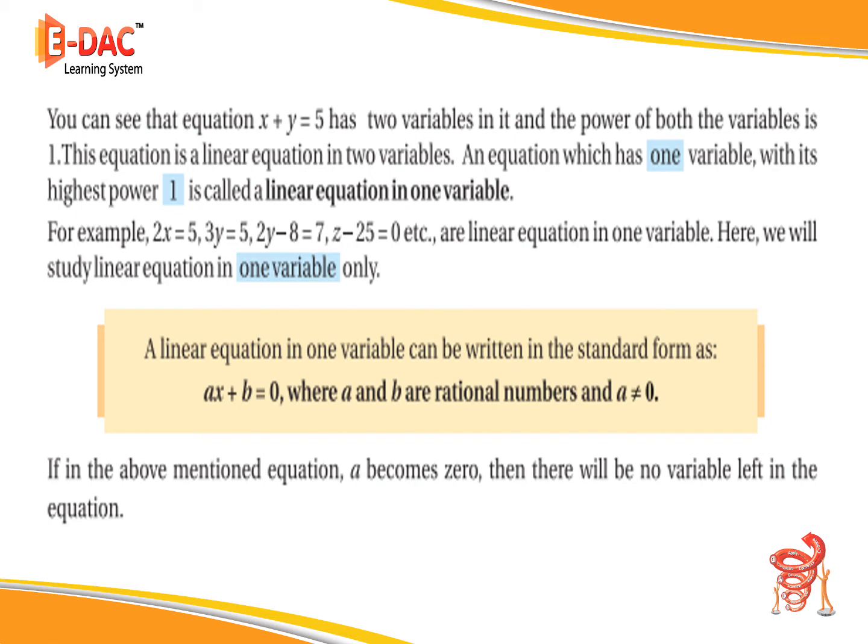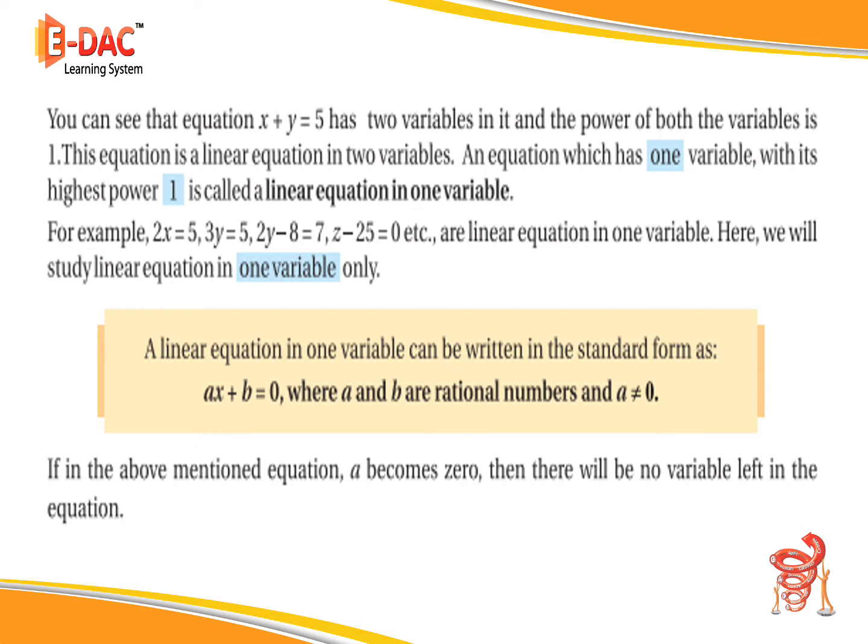An equation which has one variable with its highest power 1 is called a linear equation in one variable. For example, 2x equals to 5, 3y equals to 5, 2y minus 8 equals to 7, z minus 25 equals to 0, etc. are linear equation in one variable.